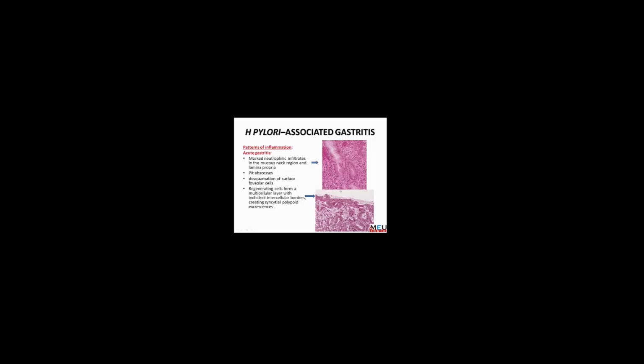The regenerating cells form a multicellular layer, as can be seen here, with indistinct cellular borders, creating syncytial polypoid excrescences. The cells join, and the cell membranes cannot be differentiated.